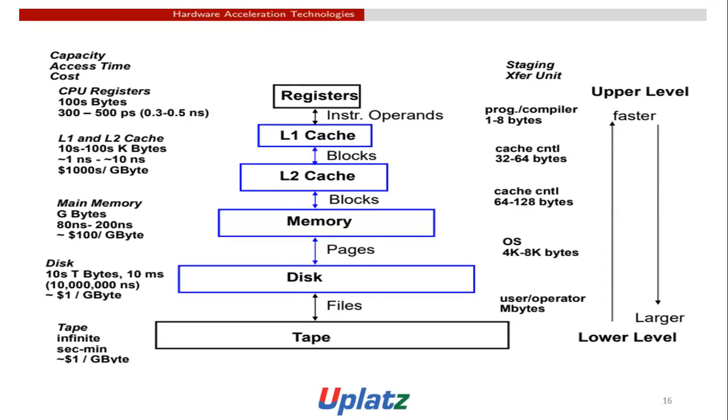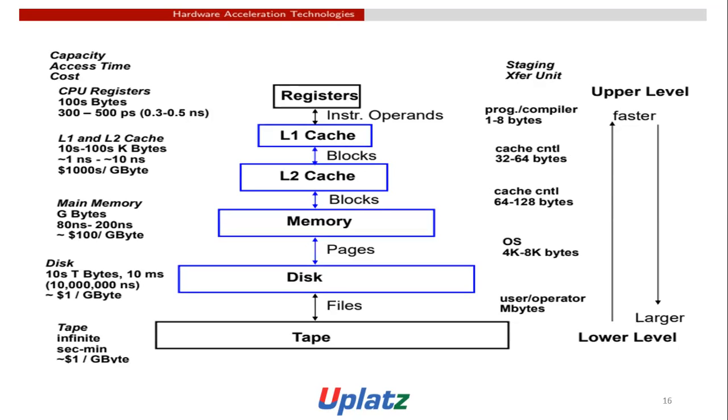L1 and L2 cache 10s to 100s of kilobytes, approximately 1 nanosecond to 10 nanoseconds, cost $1000s per gigabyte. Main memory gigabytes, 80 nanoseconds to 200 nanoseconds, cost $100 per gigabyte.